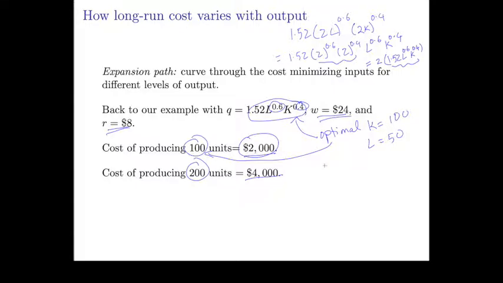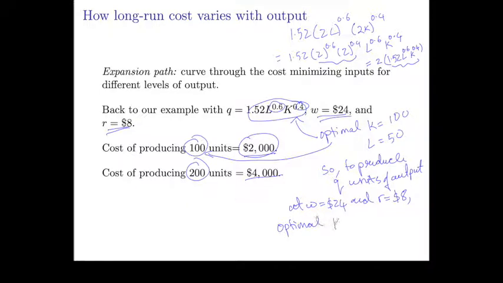In other words, to produce Q units of output at the wage rate 24 and rental rate of 8, optimal capital level is Q, optimal labor level is Q over 2.